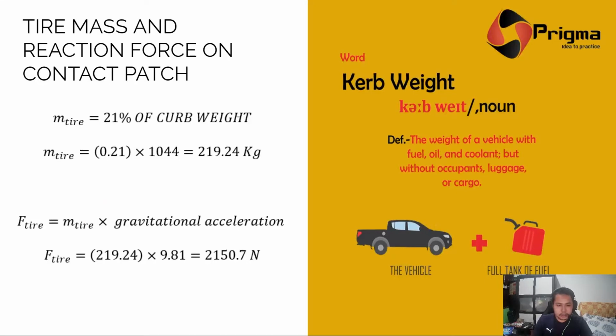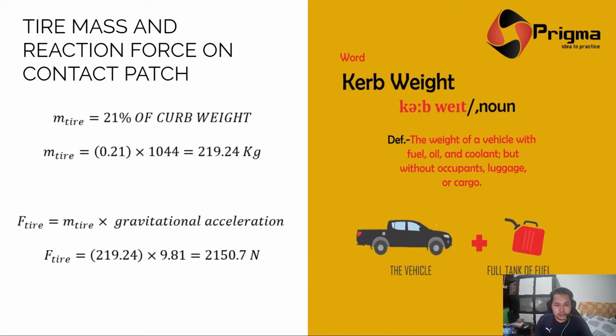Next, this is how we calculate the reaction force. The first step is to find the mass of each tire. Most vehicles have 4 tires, but we only need 1 tire to be observed in this case. The formula for the mass of 1 tire is 21% of the curb weight of the vehicle. But what is curb weight? Curb weight is the weight of a vehicle with fuel, oil, and coolant, but without occupants, luggage, or cargo.